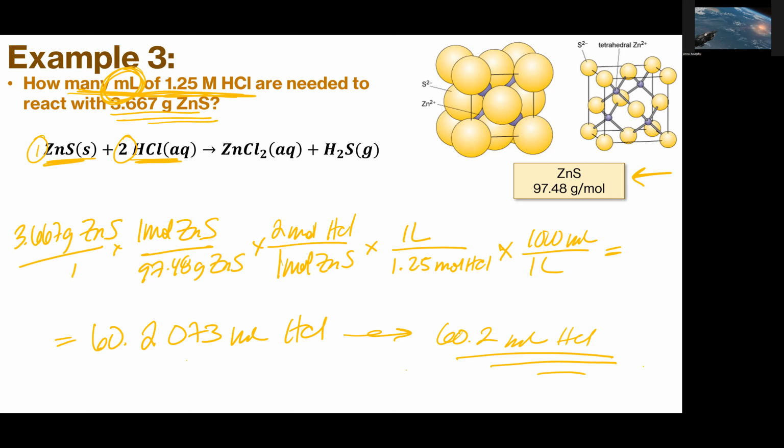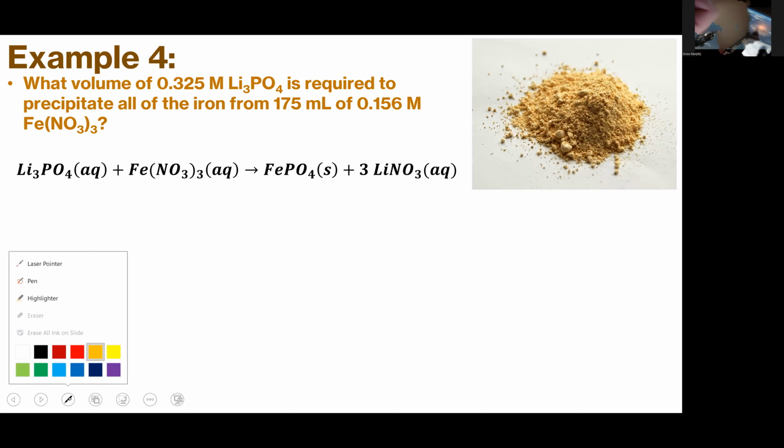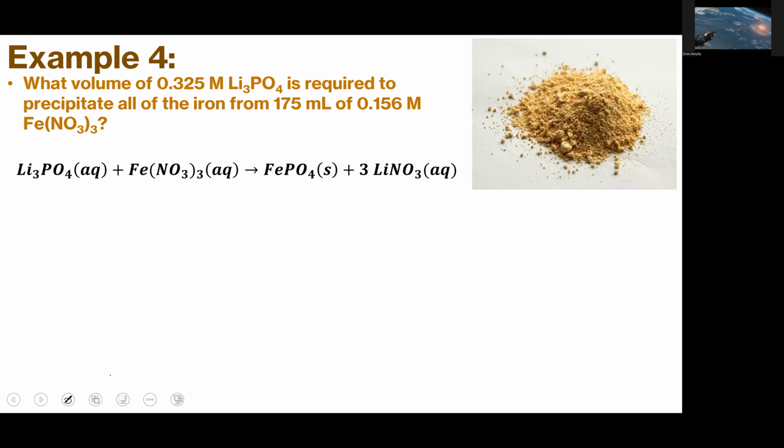Okay. All right, let's do one more and say, okay, what volume of 0.325 molar lithium phosphate is required to precipitate all of the iron from 175 milliliters of 0.156 molar iron nitrate?